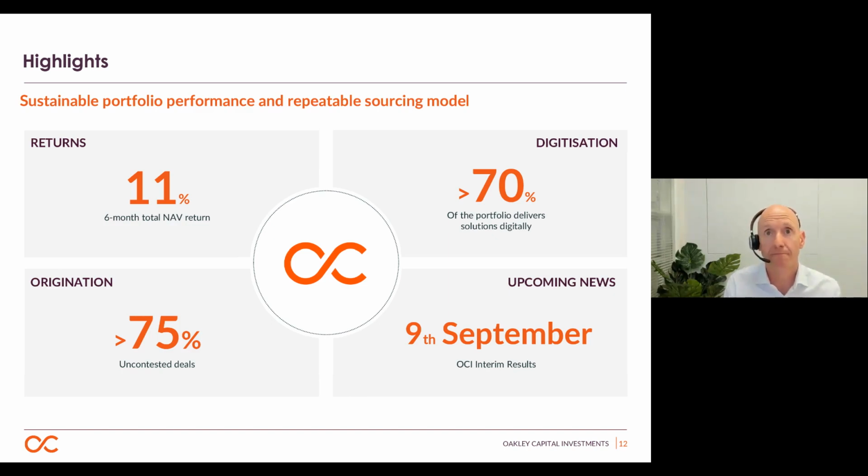And then the final question, Anthony asks, how does the Origin Fund differ from the other Oakley funds? To explain, there are two fund families within what Oakley manage. One is the flagship fund: we've gone from fund 1, 2, 3, and we're currently deploying fund 4.